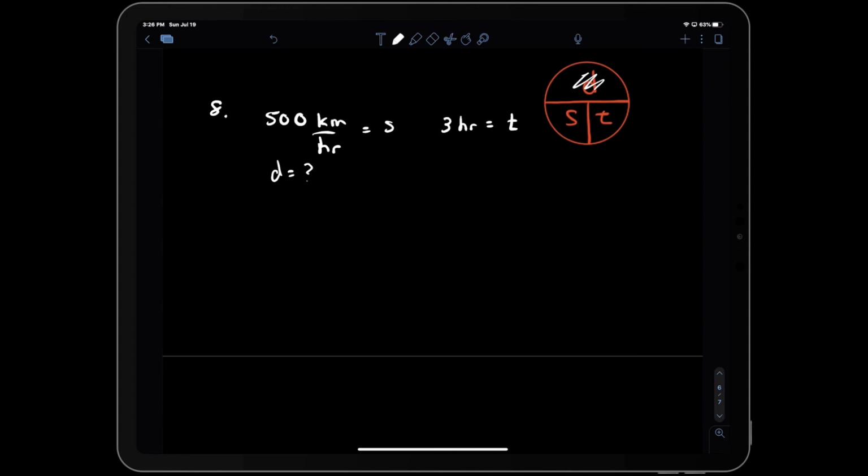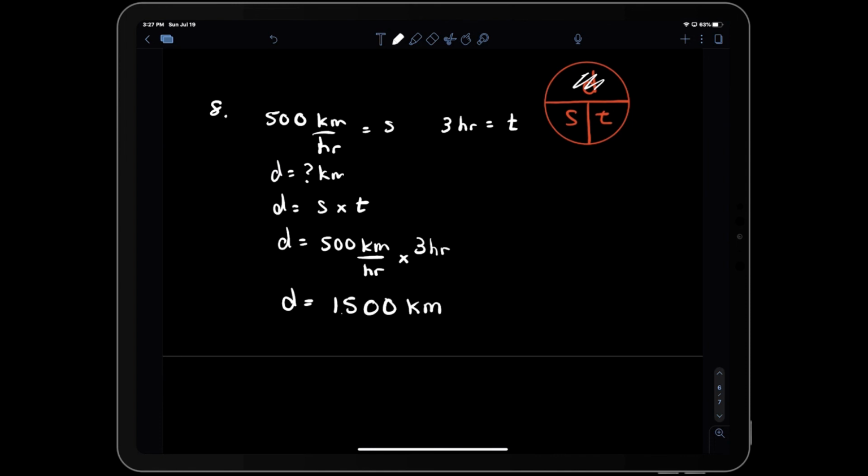The distance in kilometers, I would need the equation speed times time. We'll plug in the variables. Our speed, 500 kilometers per hour times 3 hours. So the distance it's going to travel, 3 times 5, 15, and you plug those other zeros in there. We have 1,500 kilometers is what it's going to travel.